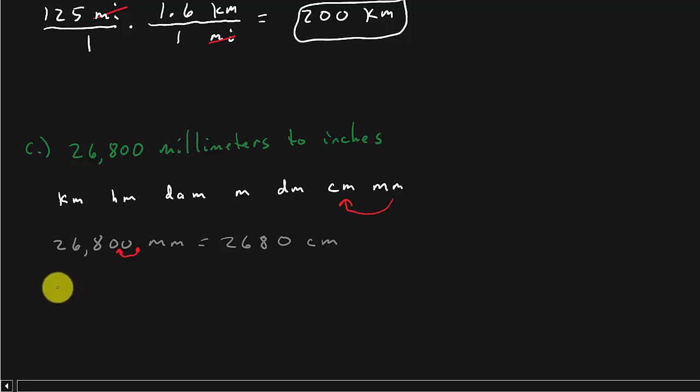Now I can go from centimeters to inches. So now I've got 2,680 centimeters, and put that over 1. Now I want inches on top, centimeters on bottom, because I need the centimeters to cancel out, and I want my final answer in inches.